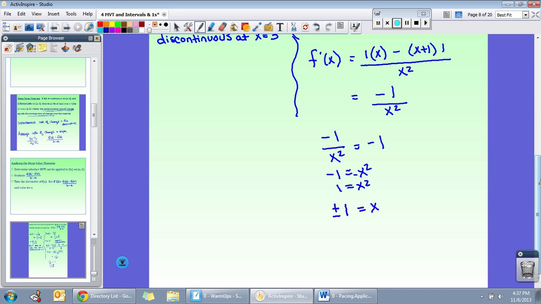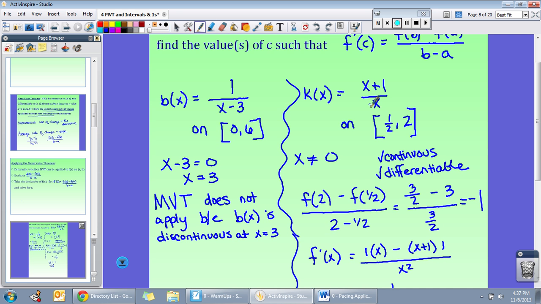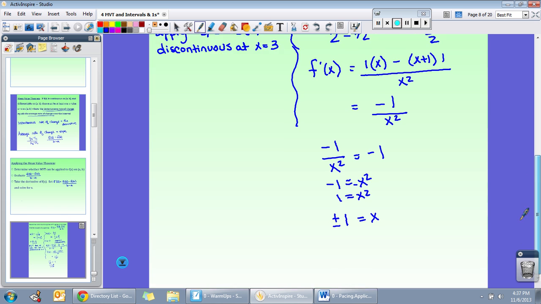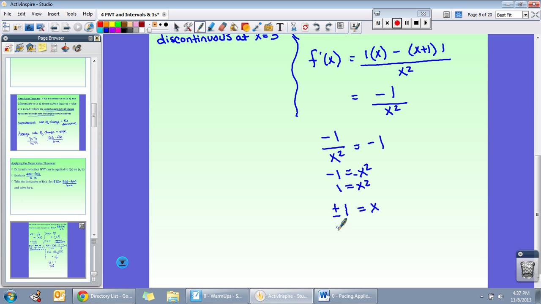So if you look at your interval from 1/2 to 2, the only place that really works is positive 1. So we can say that f prime of 1 equals the average rate of change from 1/2 to 2. And that's all we have.